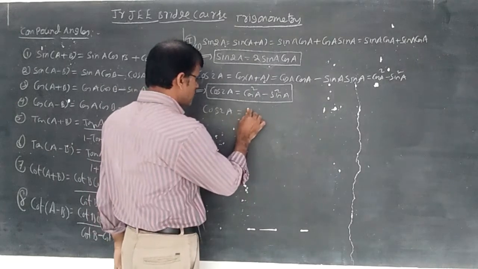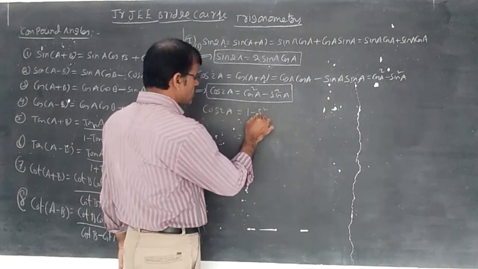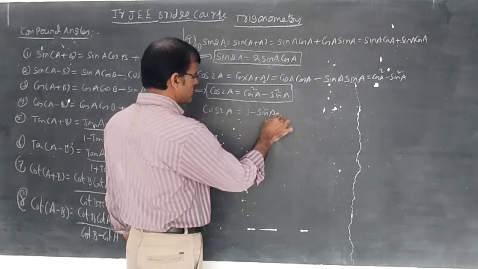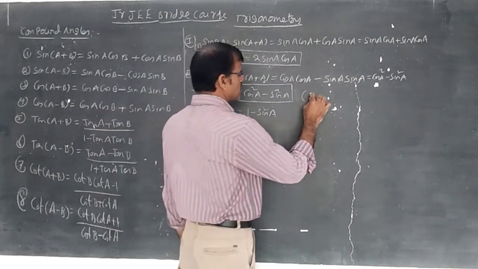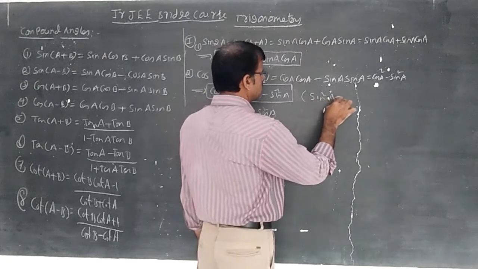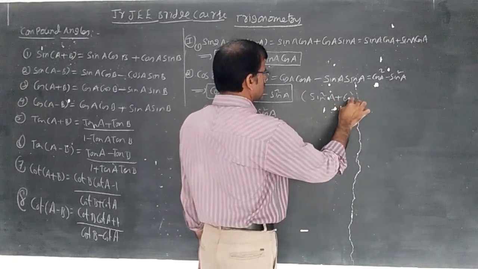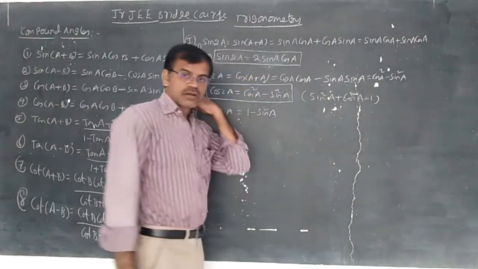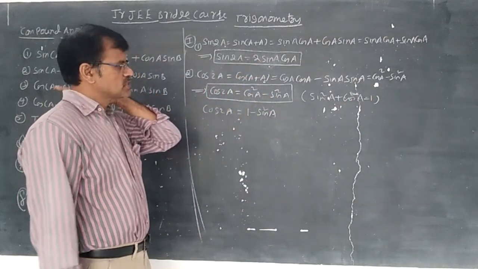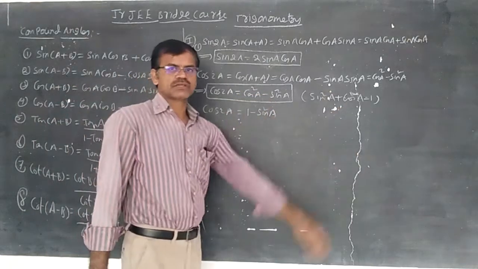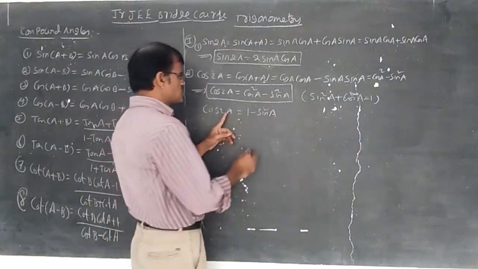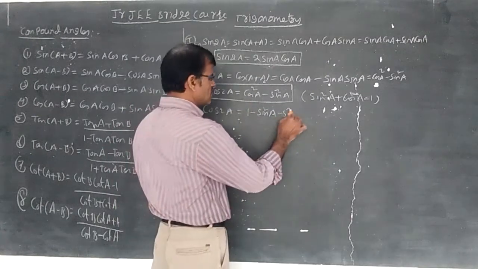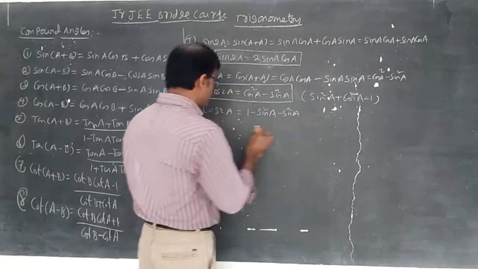Now we can write the formula for cos 2a using the identity sin square a plus cos square a is equal to 1. Using cos square a is equal to 1 minus sin square a, cos 2a is equal to 1 minus sin square a minus sin square a.